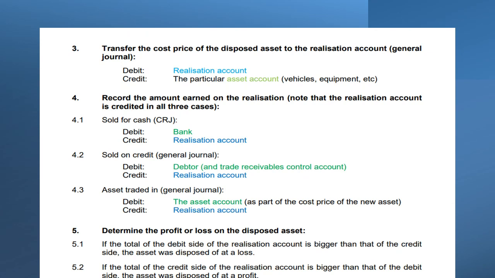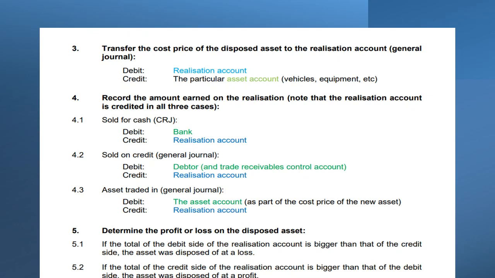Sometimes they will credit the realization account and debit the asset account. It shows us that they are not understanding how the basic accounting equation functions.